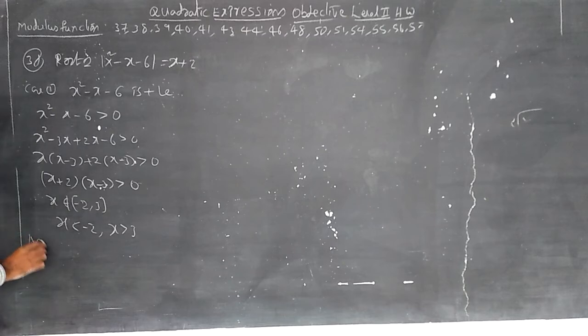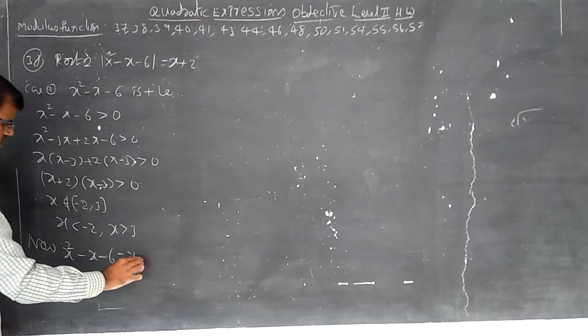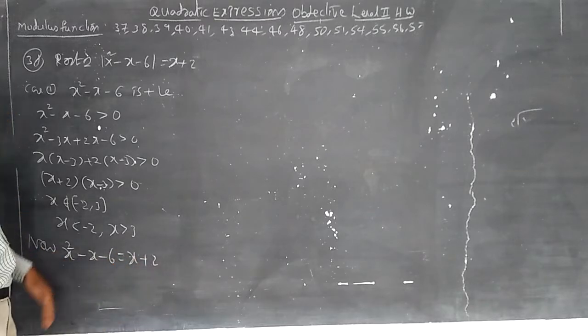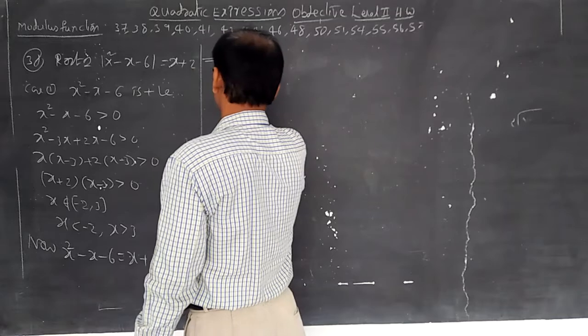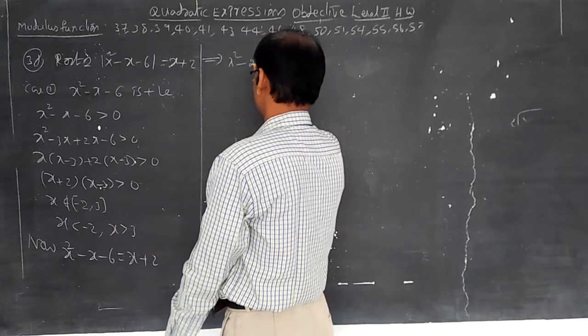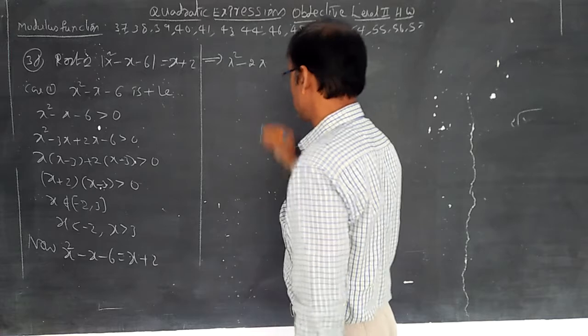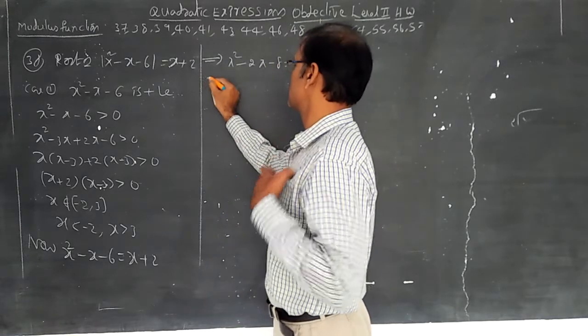Now take modulus x square minus x minus 6 equal to x plus 2. That implies x square minus x minus 2x minus 8 equal to 0.